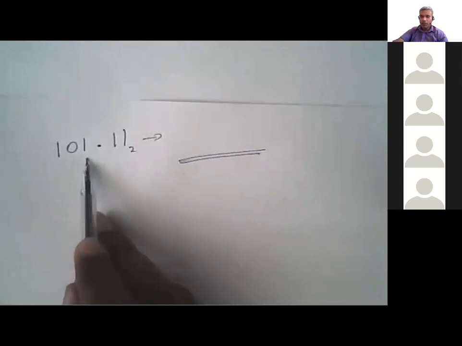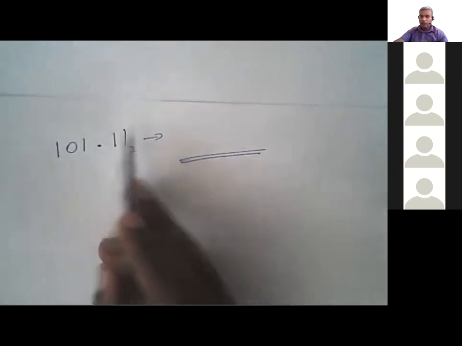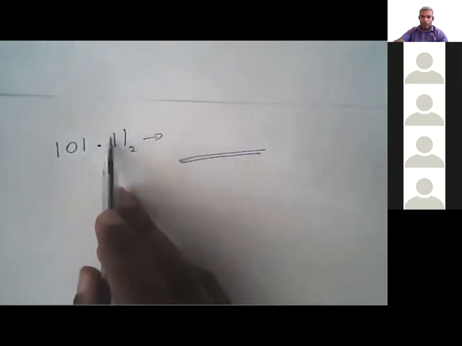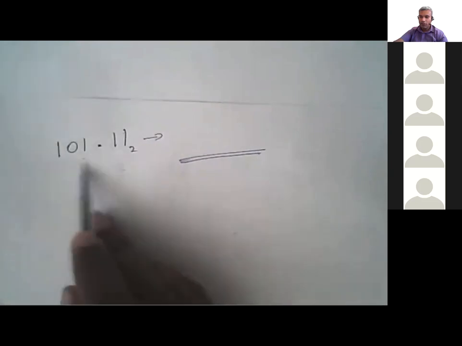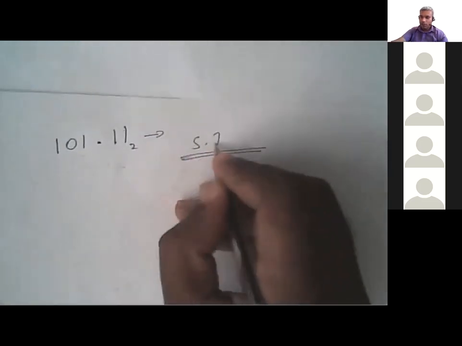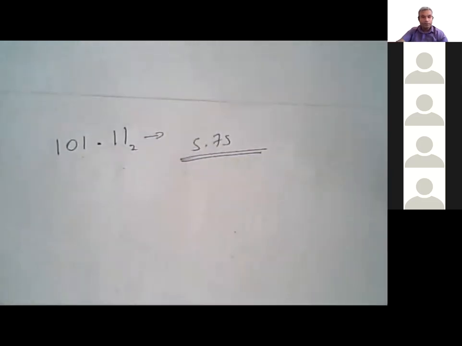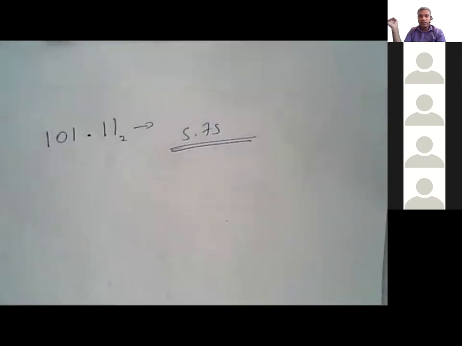So this part you can handle. This carries half, this carries 1/4. So 0.5 plus 0.25 is 0.75. So here you have 0.75, here you have 5. So you get 5.75. Okay. Are you clear with that one? Is it okay?